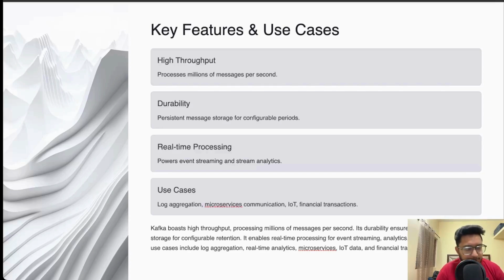It powers event streaming and stream analytics. You can process the data from partitions, and then you will have the data in the consumer application. After that you can have connectors, like a Trino connector, or Druid, or Spark Streaming.